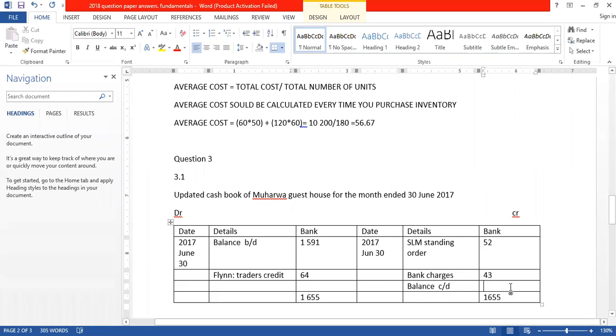So how much is our balance carried down? It will give us 1,560.